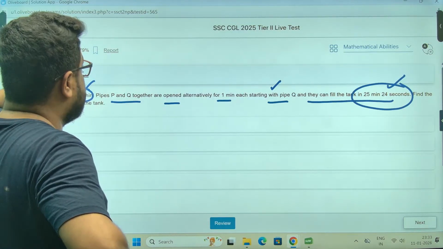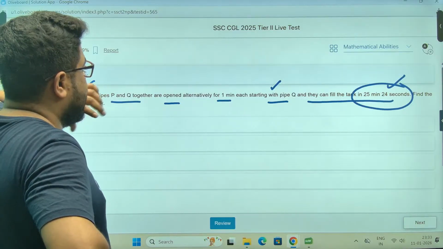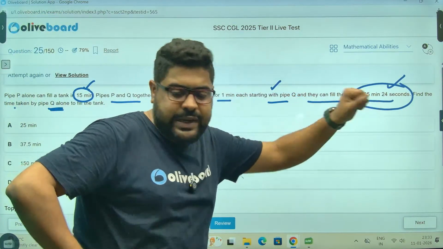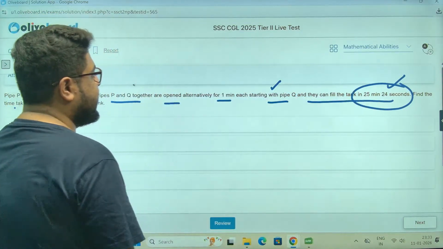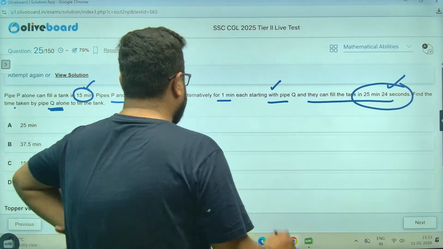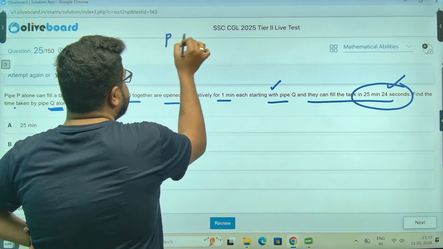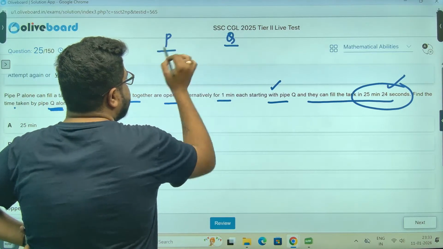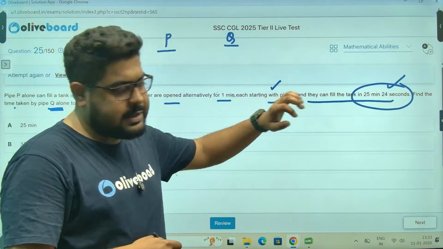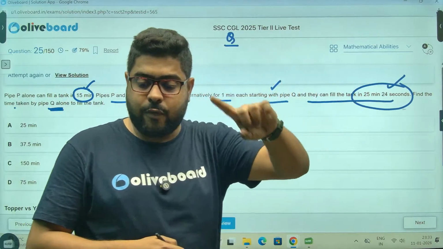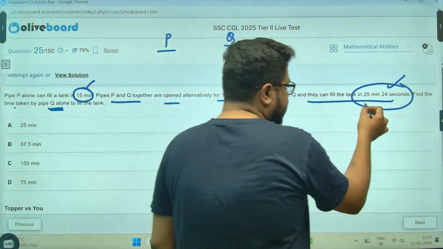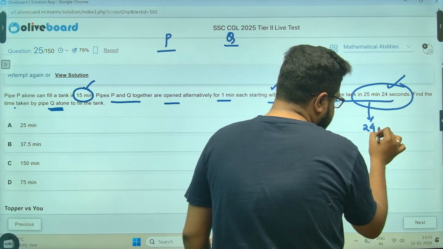Sir, the best approach. First, out of this 25 minutes, 24 seconds, let's start with this. Sir, for how many minutes were P and Q opened? Sir, Q started it. First of all, 25 meaning go for even number. The nearest even minute was 24 minutes.